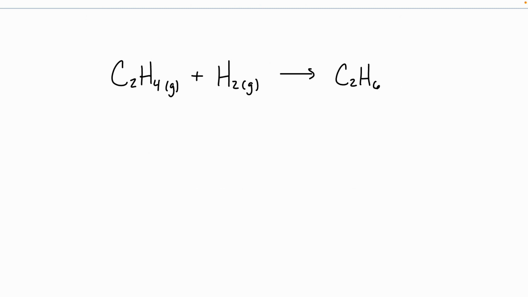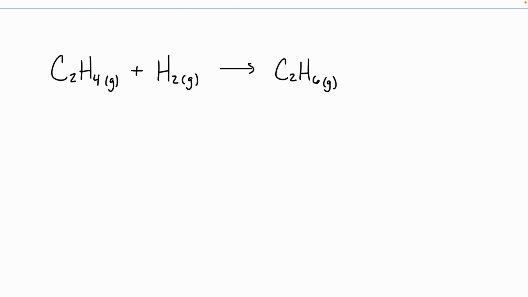First of all, let's take this reaction real quick. I'm just going to summarize. Ethene, which is a gas, plus hydrogen, which is a gas, gives me ethane, which is also a gas. And we said the delta H of this reaction was negative 55 kilojoules per mole.